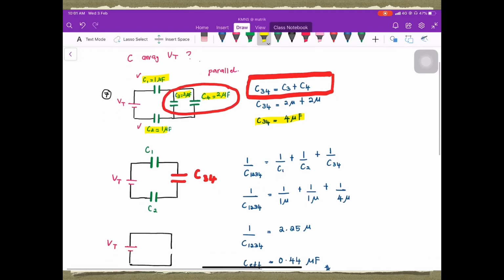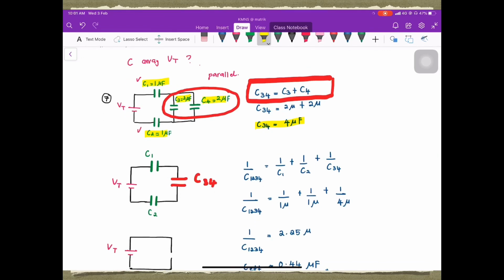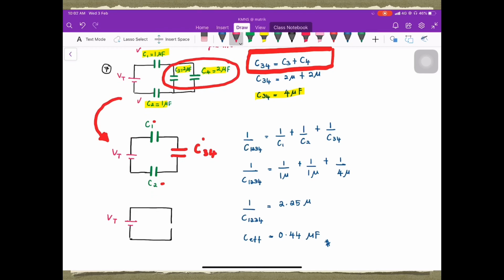Okay, next. We need to draw a new diagram here after C3 and C4 are combined together. So look at C1, C2 and C34. Series or parallel? Series.